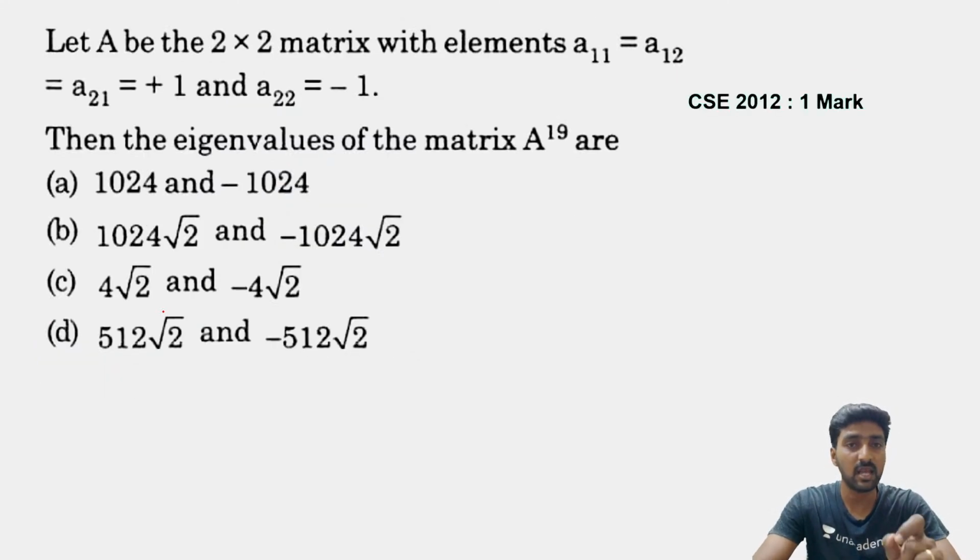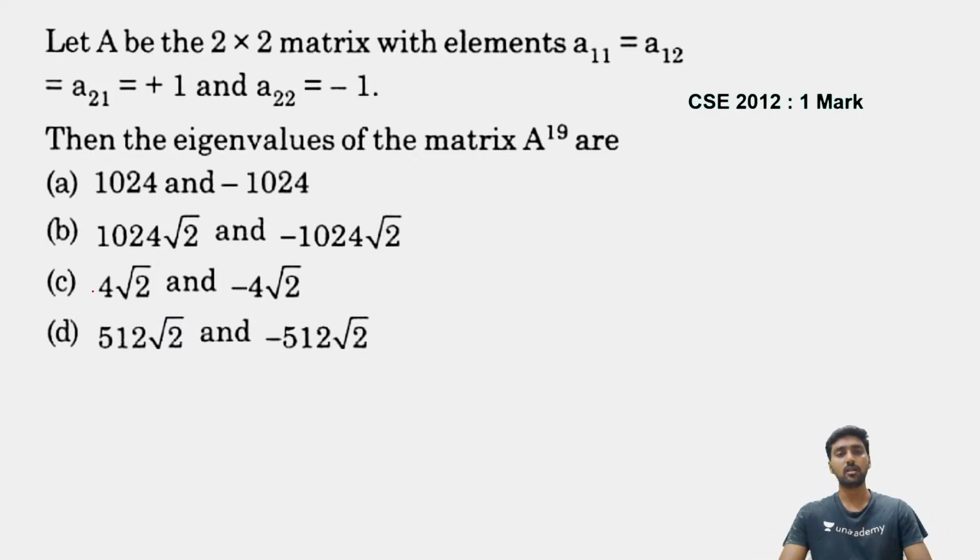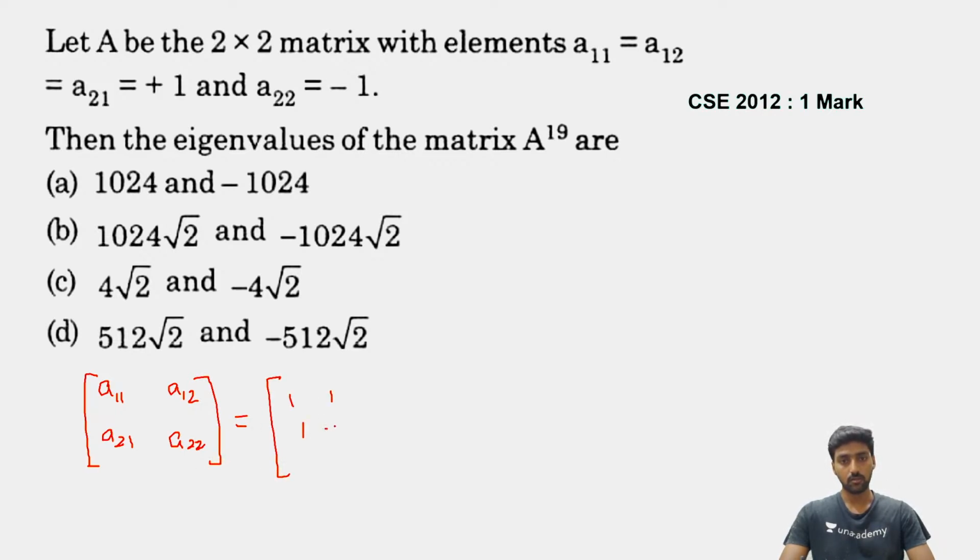Next, let A be the 2 cross 2 matrix with elements A11 equal to A12 equal to A21. So here there are 4 elements in the given matrix. We can check: A11, A12, A21, A22 is equal to 1, 1, 1, minus 1. What will be the eigenvalues of A?